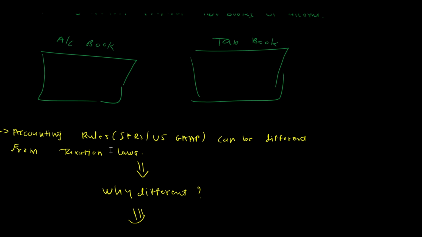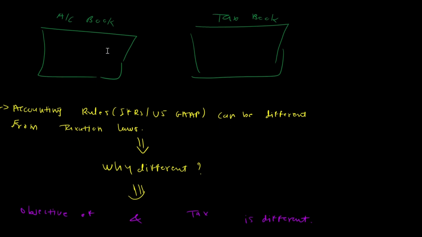As per the accounting rules, your accounting tax could be different, but governments ensure they collect and calculate your tax as per the taxation law. So companies need to prepare two books, one for accounting purposes and one for tax filing purposes.